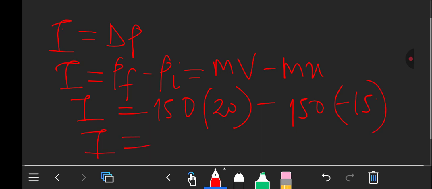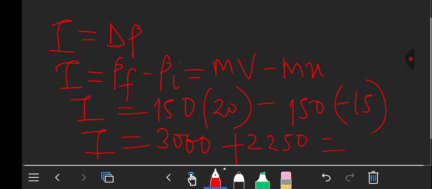So what will be the impulse? We can just compute this using a calculator. What is 150 multiplied by 20? That is 3000. Then minus 150 multiplied by negative 15, so this will be plus now, because negative multiplied by negative is positive. 150 multiplied by 15 is 2250.